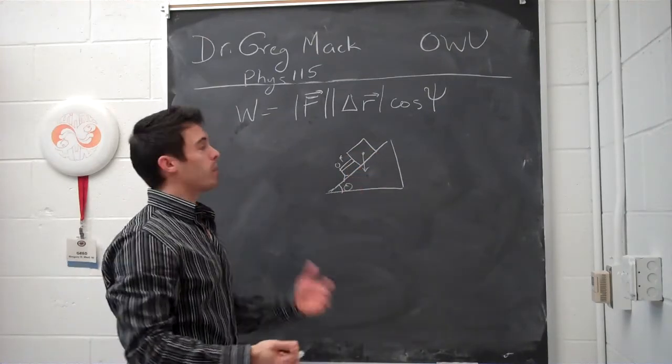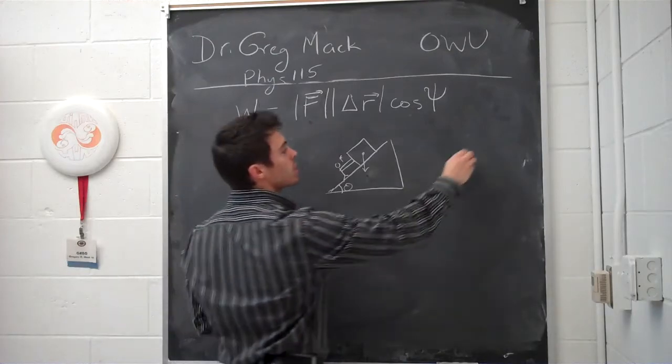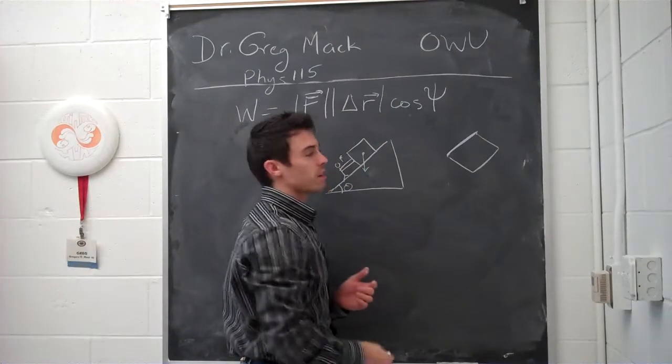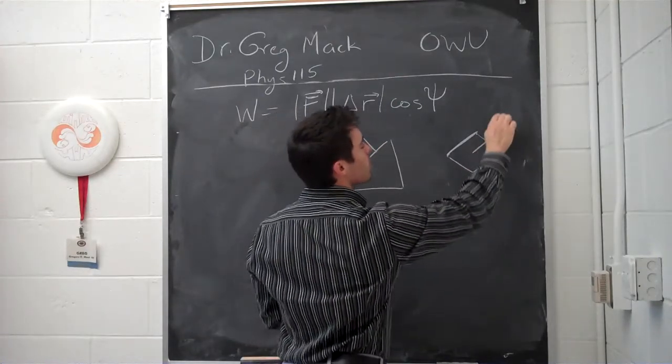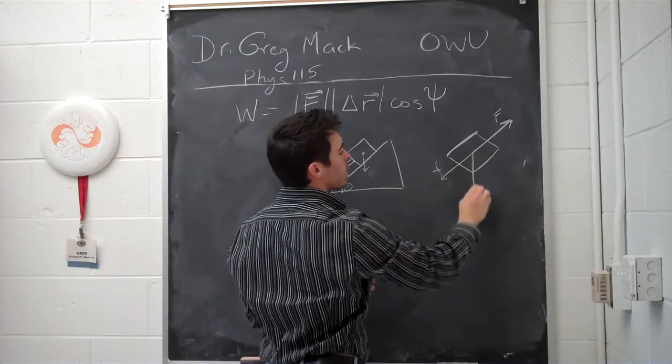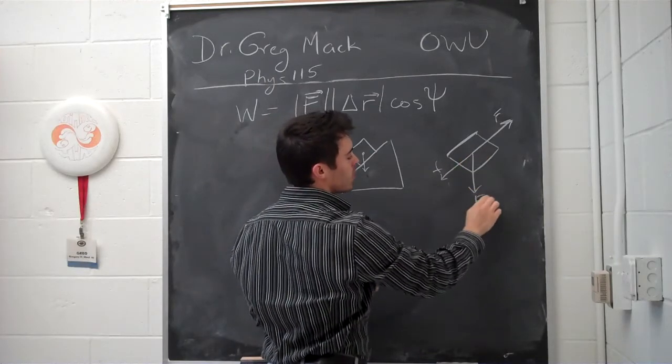So if I were to draw a free body diagram for this, like we've been doing for other things, we'd have our box. We'd have the force of the person, we'd have the force of friction going the other way, and we'd have the force of gravity going down.